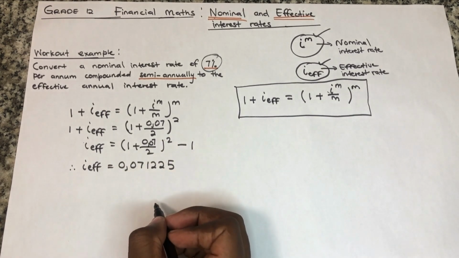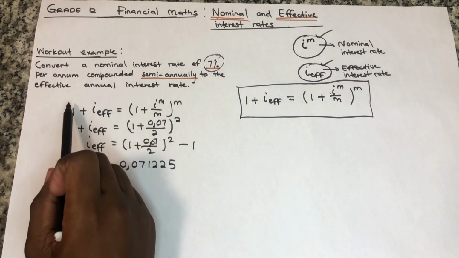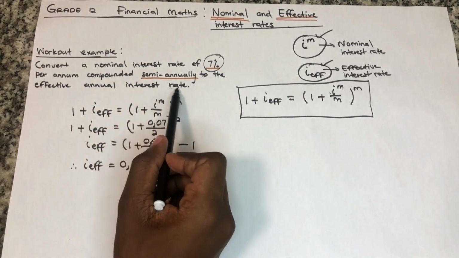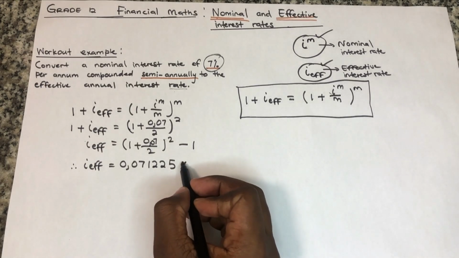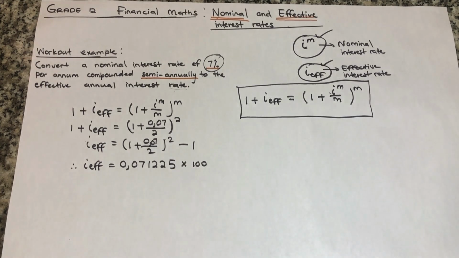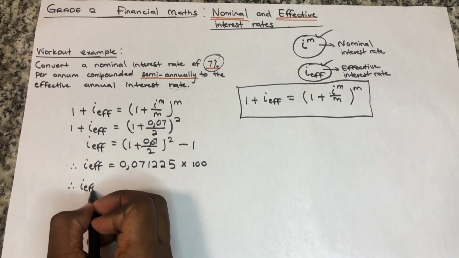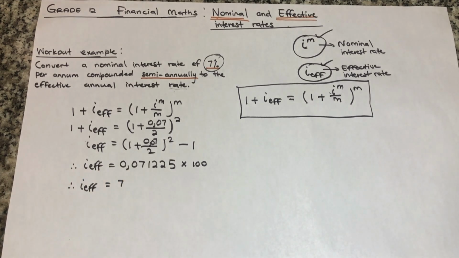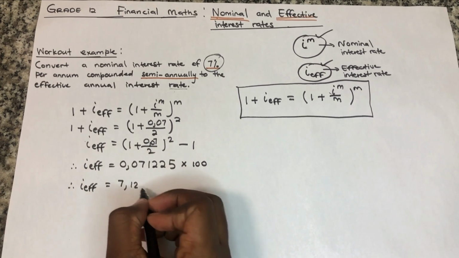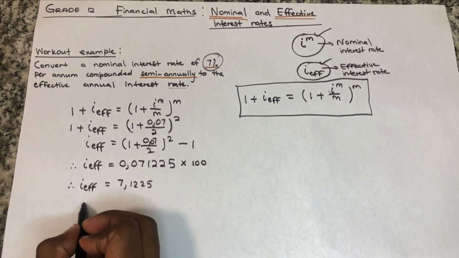Remember we're looking for an interest rate, so let's multiply this by 100. Therefore our IEFF will be equal to 7.1225. Remember, we're looking for R.